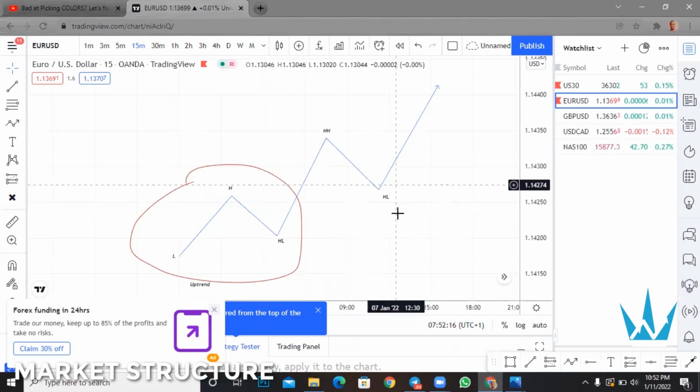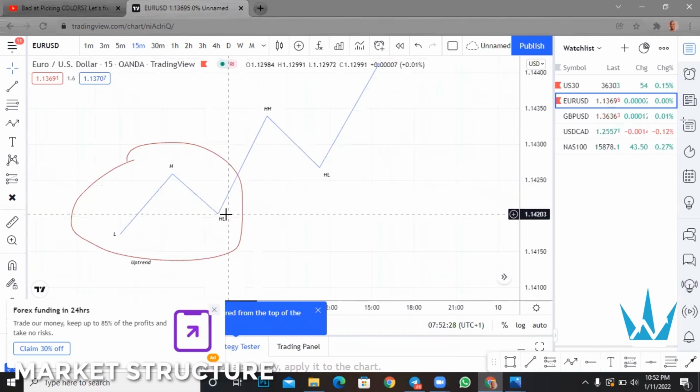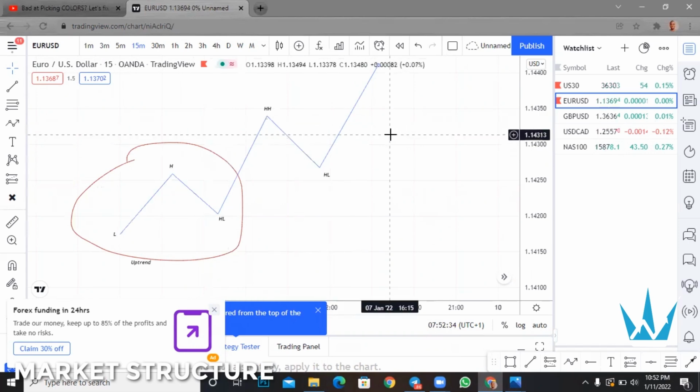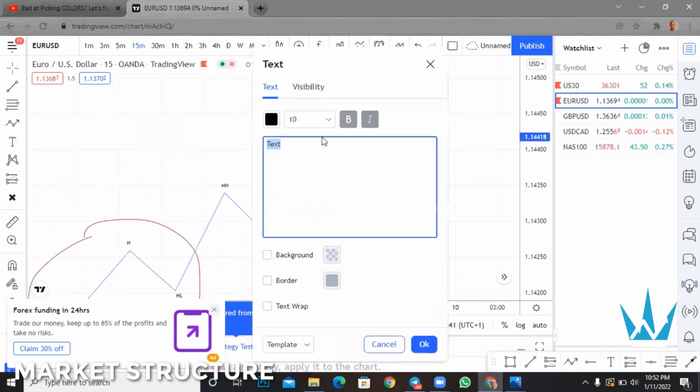We call here a higher low because it's higher than even this previous low. So higher low, higher low, higher high, higher high. It keeps going up continuously. What do we call here? Still a higher high.